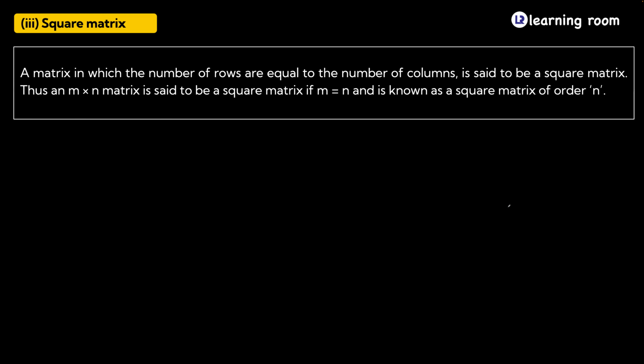So if A is equal to Aij and we call it a square matrix of order n, then you have these elements.